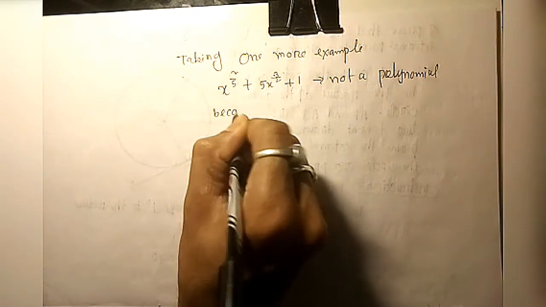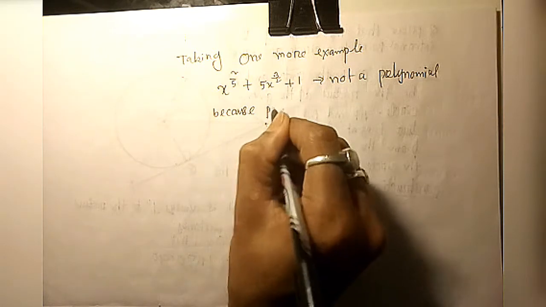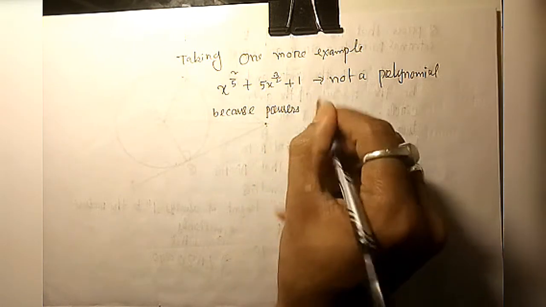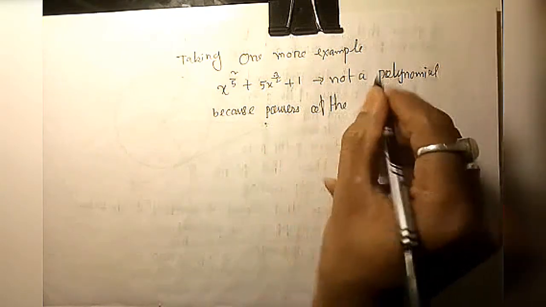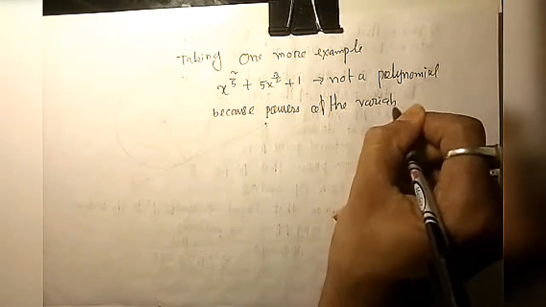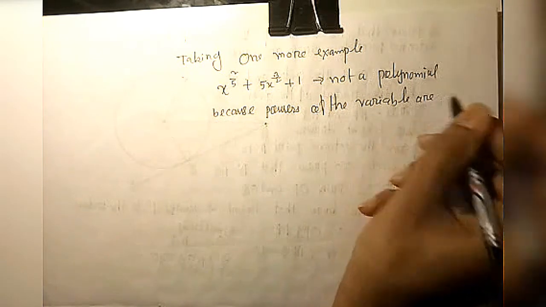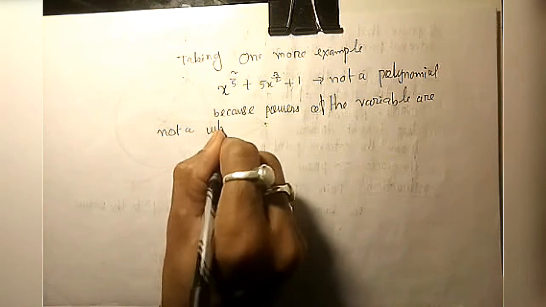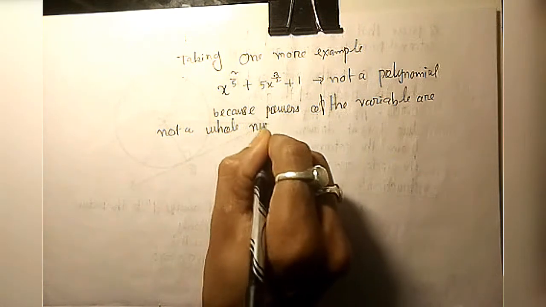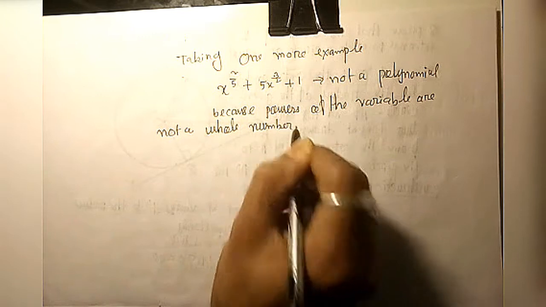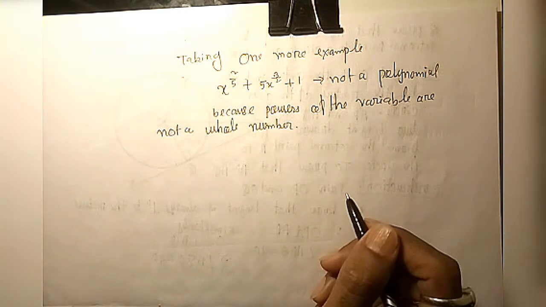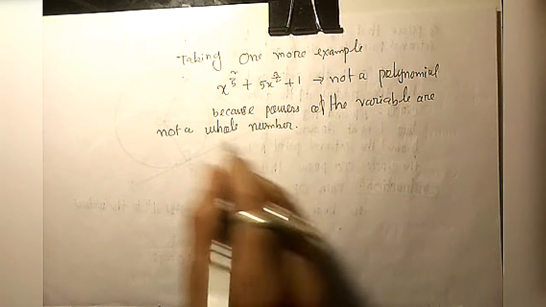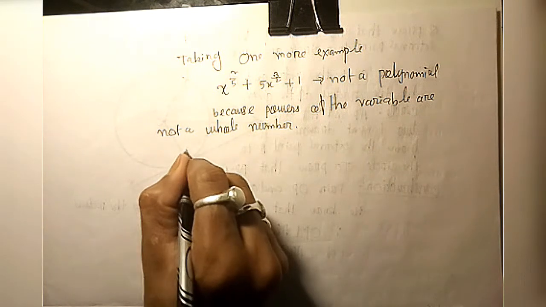So it's not a polynomial. What are the powers? 2 by 5 and 3 by 2. Since the powers are not whole numbers, it does not represent a polynomial.